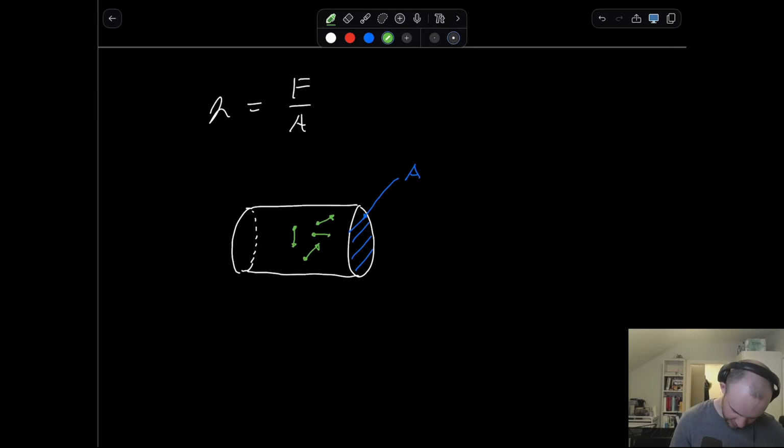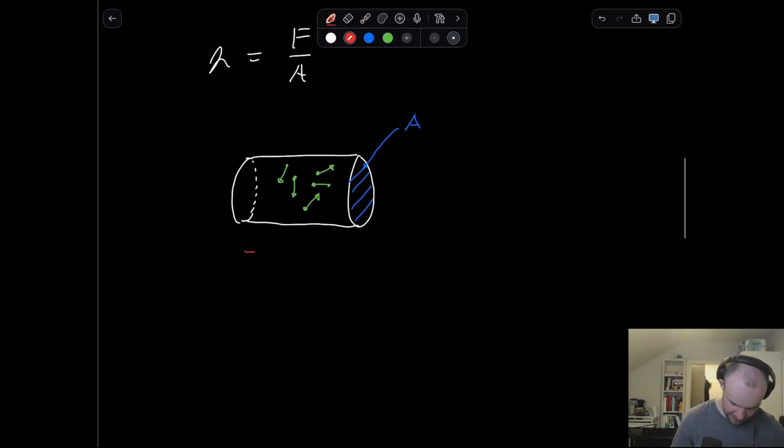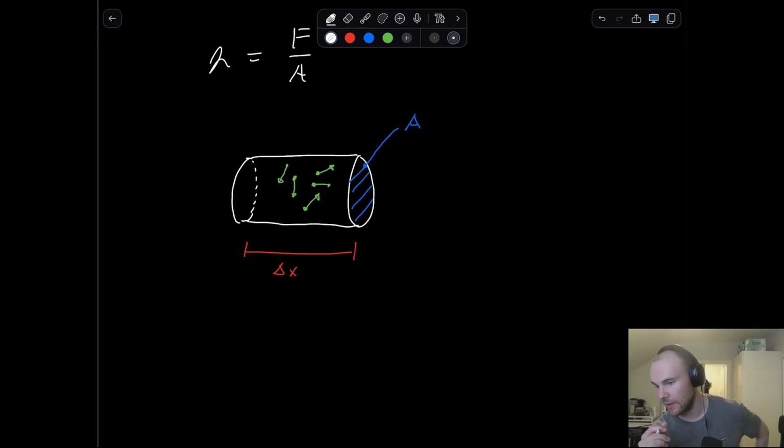They are bumping into each other, bumping into the wall, etc. But we only care about this area here. That's the focus. And I also need the distance that the particles travel, which is just delta x like that.